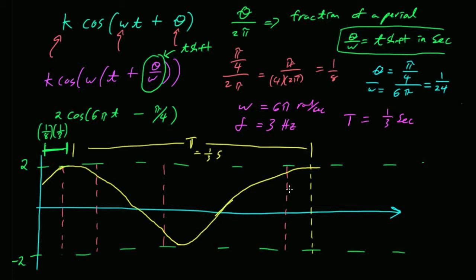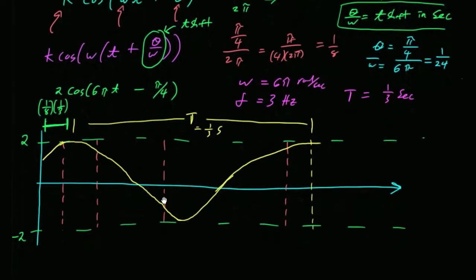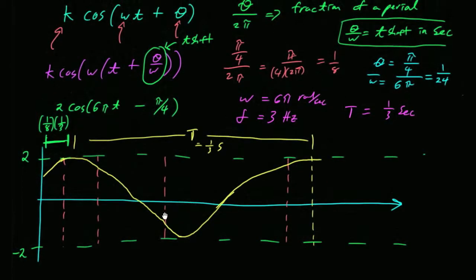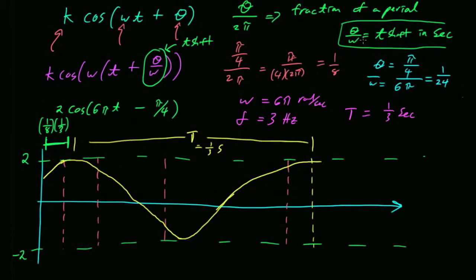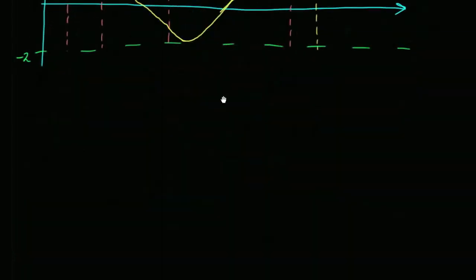I missed it, but how did you get the 1/8 for the 1/3? Okay, let's do that again because I want to make sure everybody gets that. This is one of those little things that I really like everyone to get. So can we agree the phase shift was pi over 4 radians? Because it's written right there.